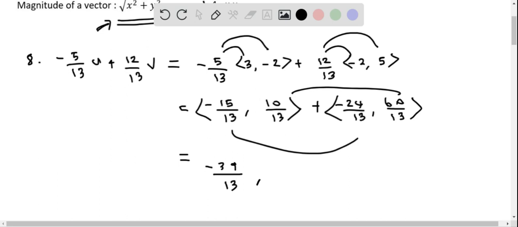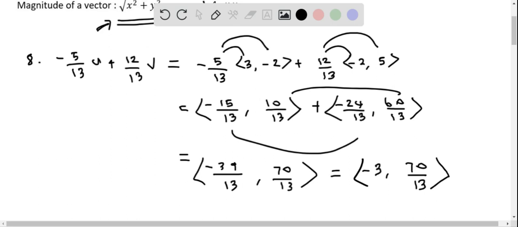And for the y component, we have 10 plus 60 is 70 by 13. We can further simplify this: minus 39 by 13 is minus 3, and 70 by 13. This is the component form of the 8th vector, minus 5 by 13 u plus 12 by 13 v.